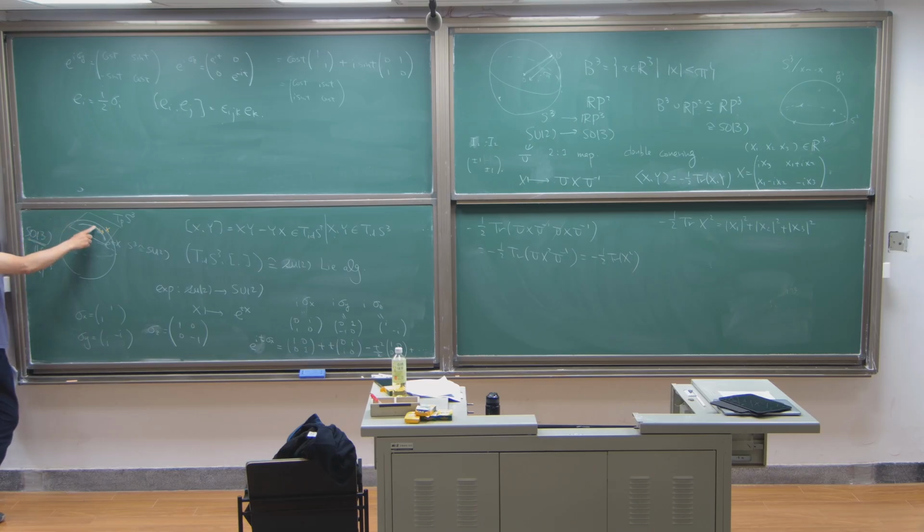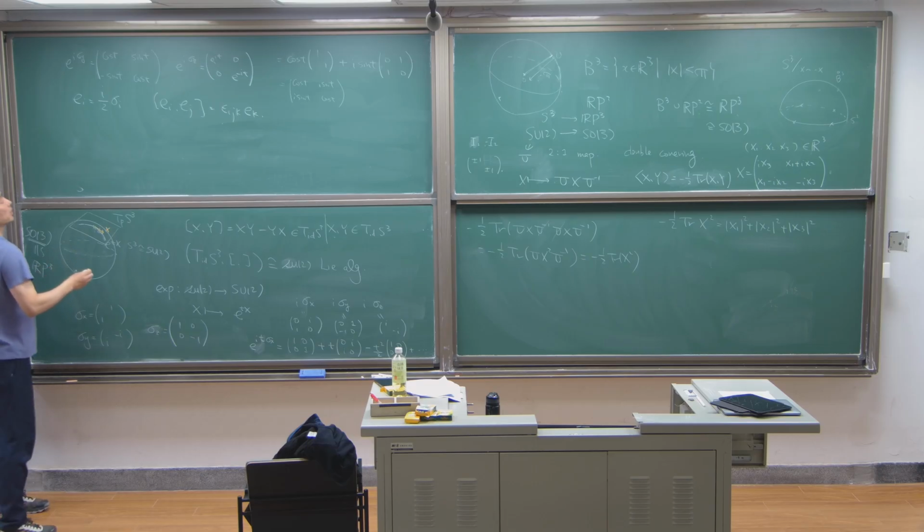Locally SU2 and SO3 look exactly the same because it's just a Z2 quotient, but around here nothing happened because this point is identified. Globally, as manifolds, they are different. But locally around here it's the same.